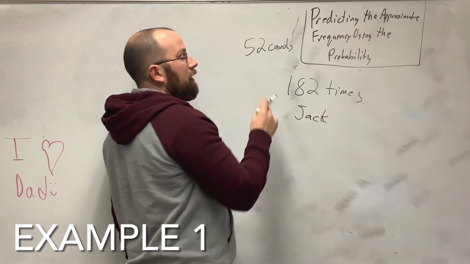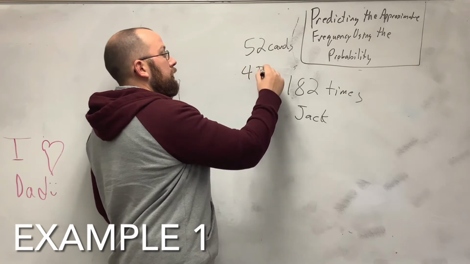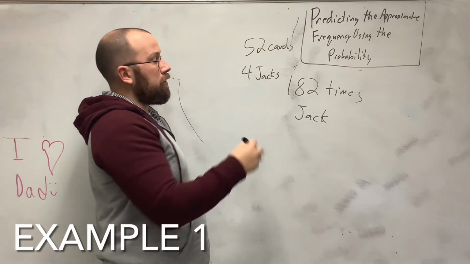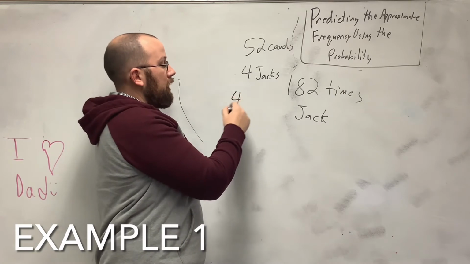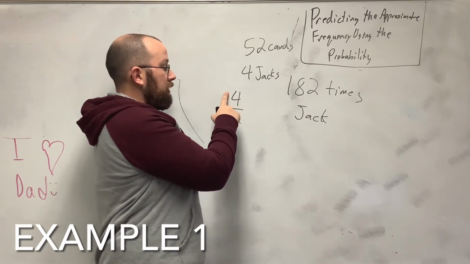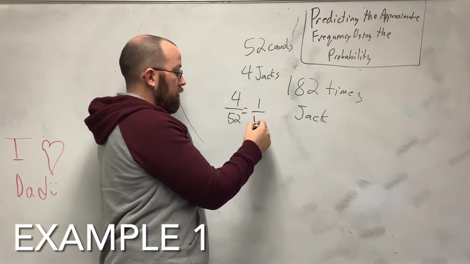There's a jack in each suit, there's 4 suits, so there's 4 jacks altogether. So what's my probability of pulling a jack? That would be 4 over 52, so that's 1 over 13.